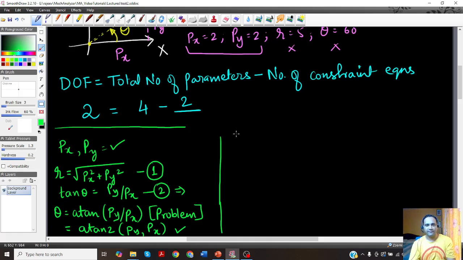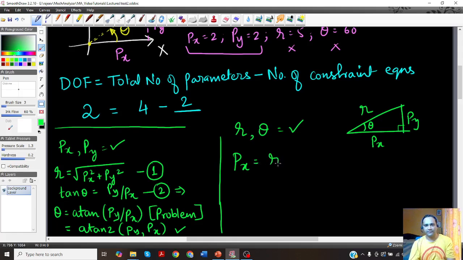Now imagine we give you the value of r and theta. So how do we find the value of px? So let me draw that triangle again. So I have r, I have theta. R is the hypotenuse, this is perpendicular. Px, py. From trigonometry you know that cos theta is px upon r, so px will become r cos theta.